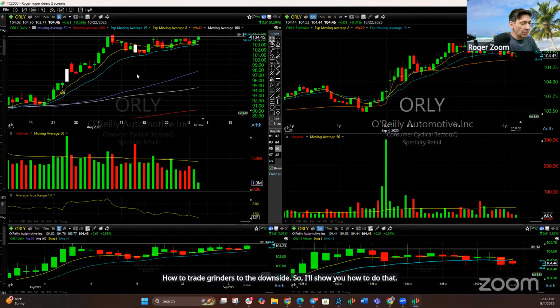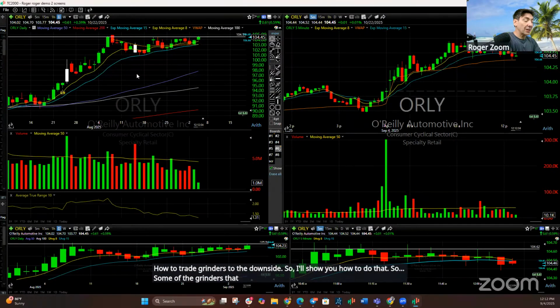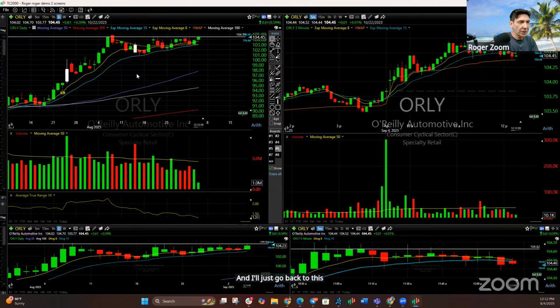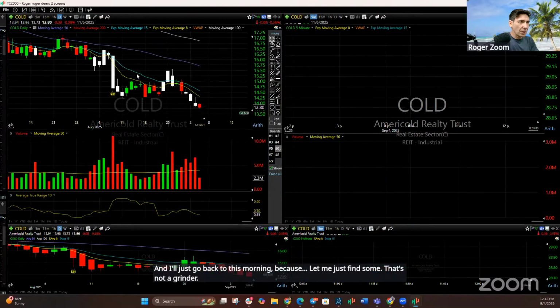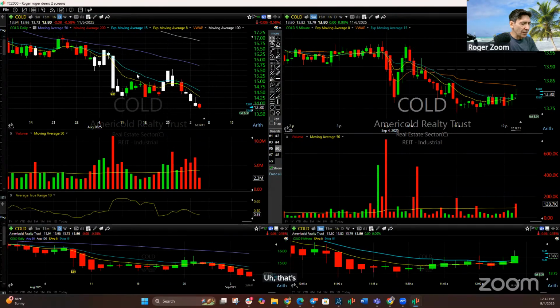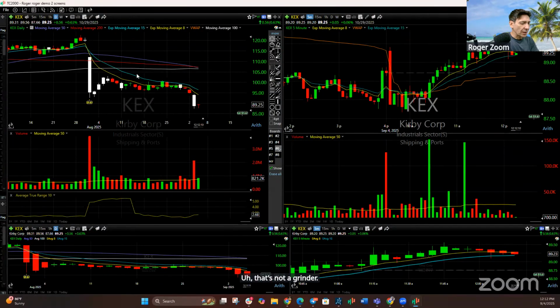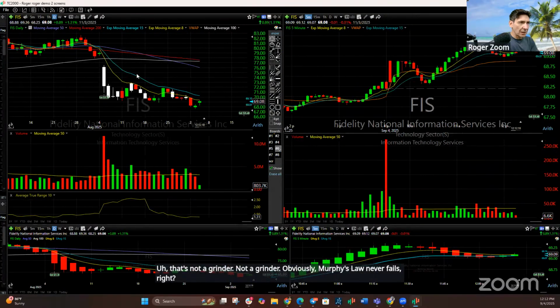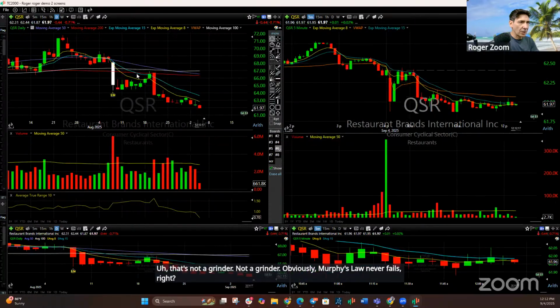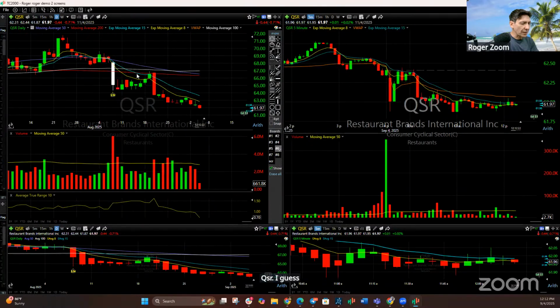So some of the grinders that we saw, I'll just go back to this morning because let me just find some. That's not a grinder. That's not a grinder. Not a grinder. Obviously, Murphy's Law never fails, right? QSR. I guess that's a grinder right there. That would probably be a grinder.